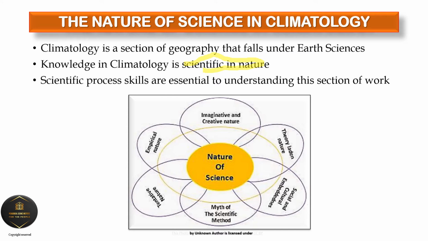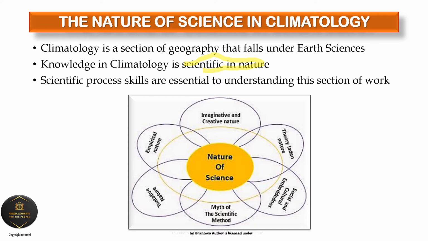So here we are looking at how scientific knowledge is made up. Since we are saying climatology is scientific in nature, I want us to think about how knowledge in climatology is scientific in nature.